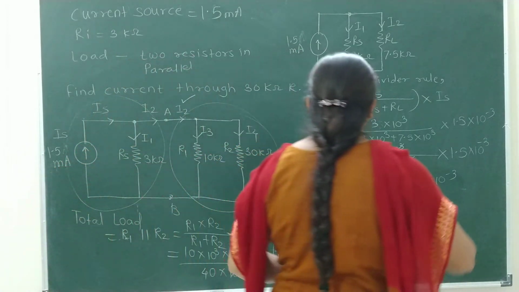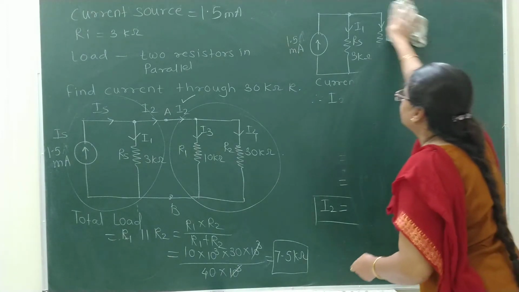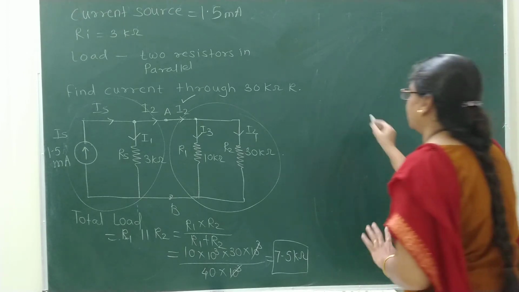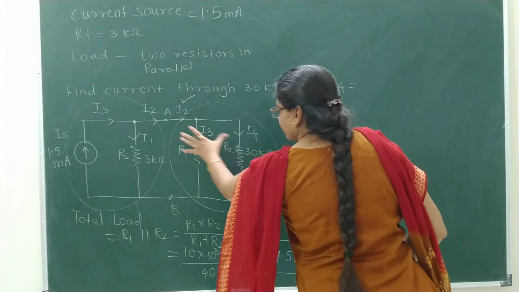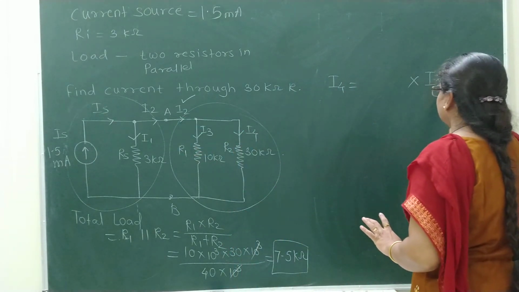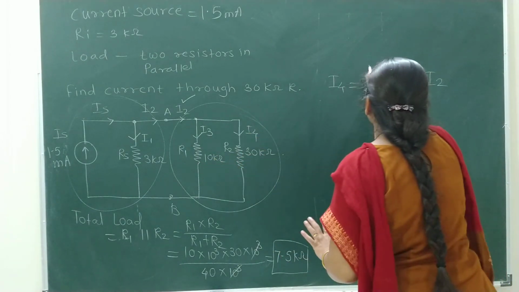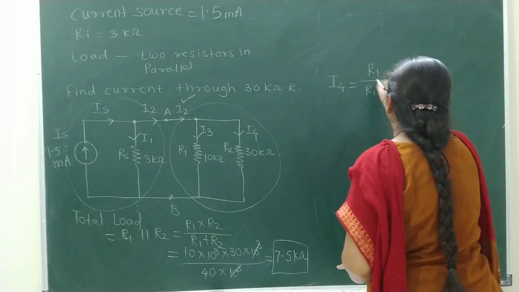Now what is the necessary part? It is necessary to calculate I4. So here is the calculation for I4 again by using current divider formula. As the main current for these two branches is I2, current is to be calculated through R2. So consider the formula R1 upon R1 plus R2 into I2.